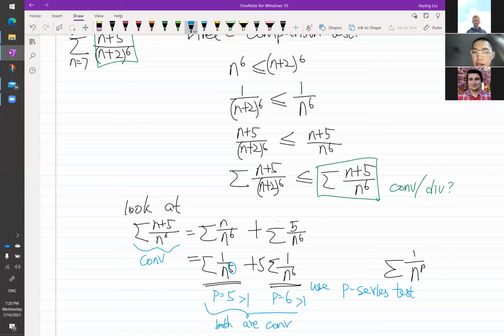So this larger series is convergent. Therefore, the one that's smaller than it, the one that we're interested in, has to be convergent as well. So that's using the direct comparison test.